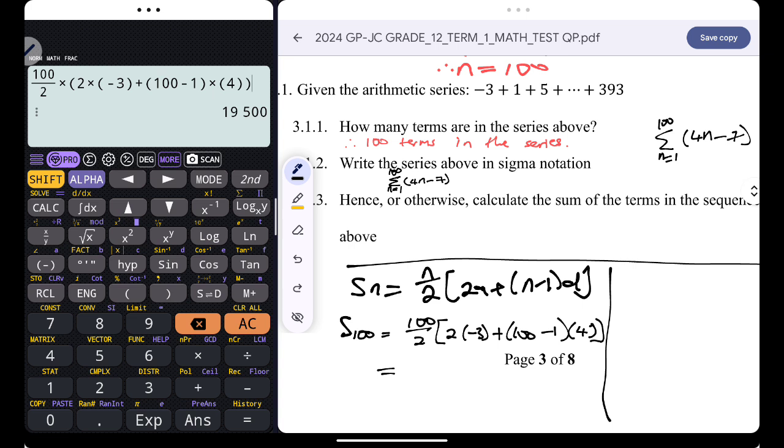Then I close the brackets. I'll simply have 19,500.